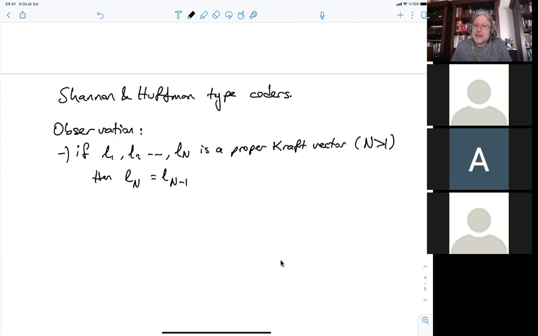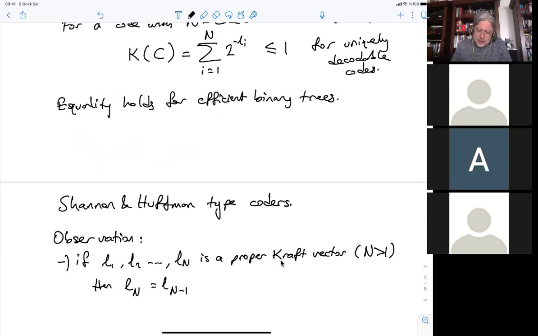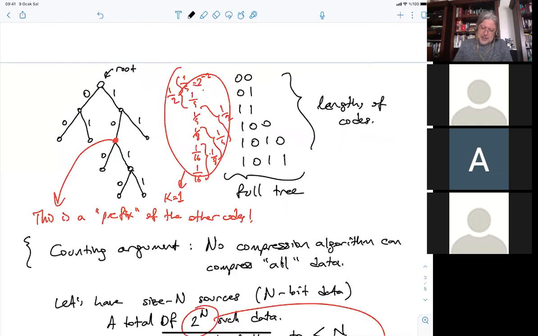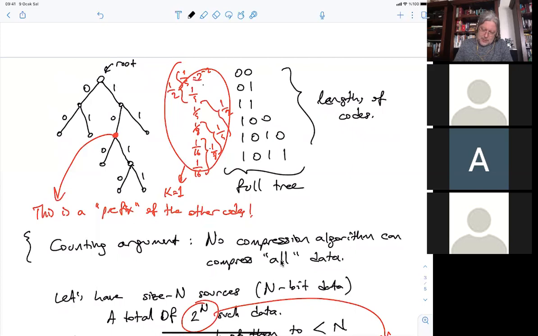Let us at least see if our previous efficient codes really satisfy that property. Let's look at this code. Look at this. This is Ln, the last length, which is 4. And Ln minus 1 is also 4. As you see, 4 and 4. These two are the same as one another.